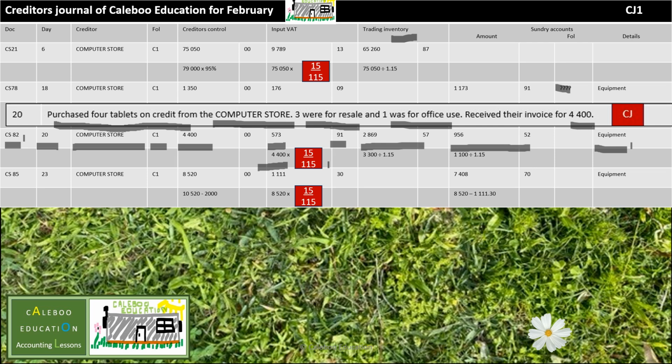Now in order to calculate what was the historical cost price of the trading inventory and what was the price of the 1 tablet that's going to be used in the office equipment, we can do the following.